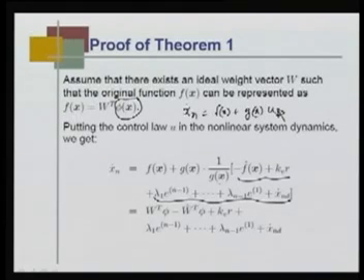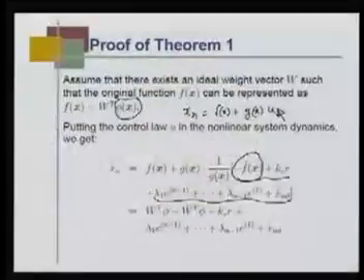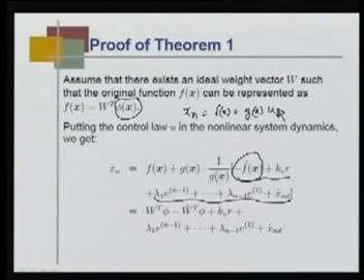So, we can always approximate any nonlinear function, that is the assumption. So, w transpose phi minus w hat transpose phi, where you see that g x cancels out. So, what remains is minus f x hat, and f x hat is w hat transpose phi, where we are trying to update this w hat.